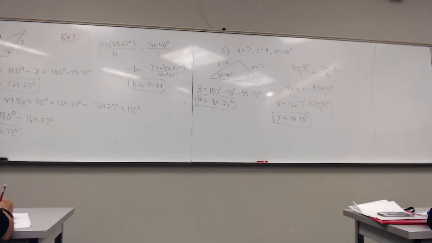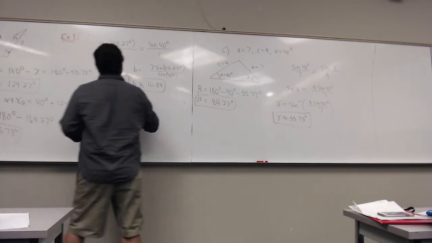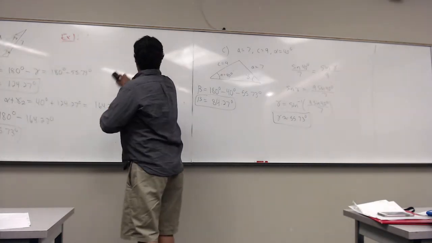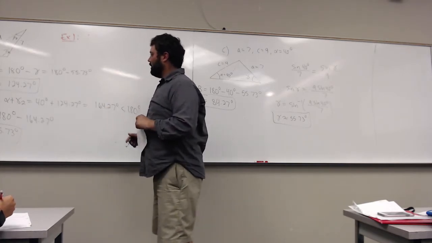We need to use law of sines to get the B2. Yeah, let's label this. Let's call this beta 2 and call this B sub 2. I'm just using subscript 2 to mean that it's the solutions to the second triangle. So I think it's going to be really, just use law of sines again. So what can I set up here?